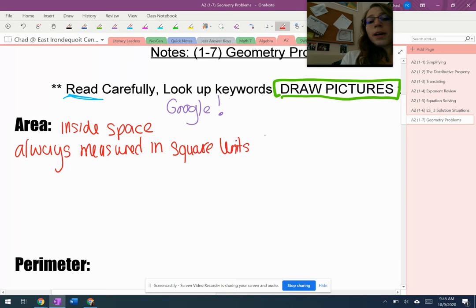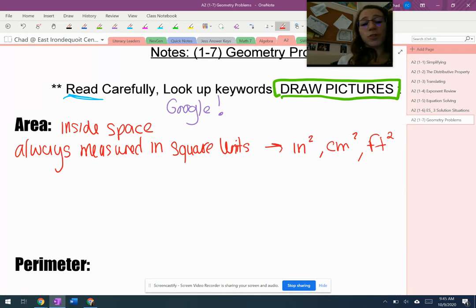So what I mean by that is inches squared, centimeters squared, feet squared, whatever it is, that unit of measurement is what's squared.